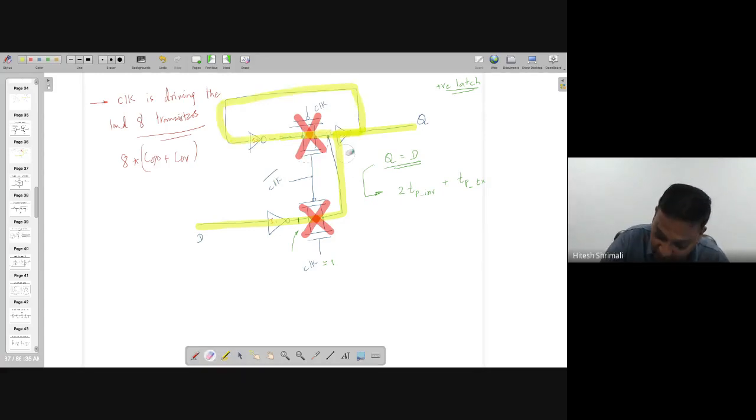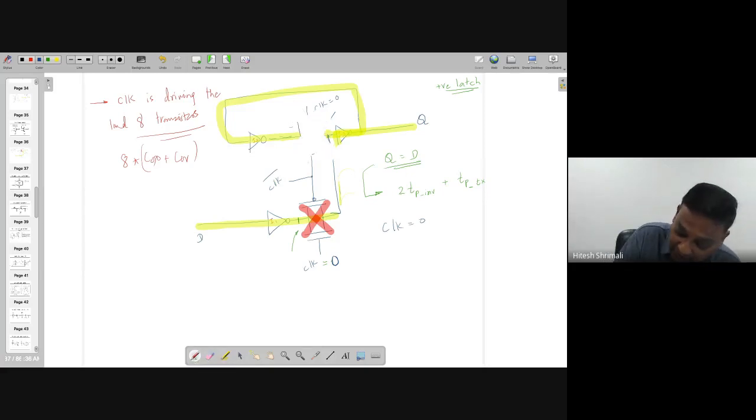I'm removing the unwanted line. Right? So when clock equal to 0, at that time, these 2 transistors are on. Okay, maybe for a better understanding, I can redraw that.